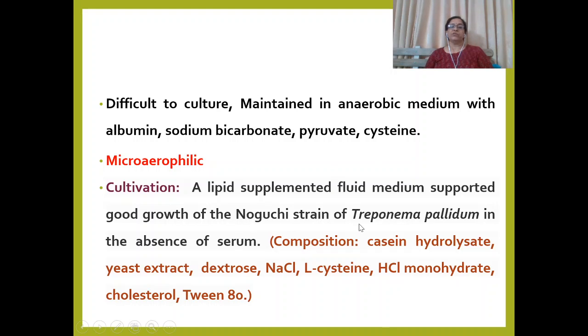This is Noguchi's strain, and it is in the absence of serum. So here the composition of this Noguchi's media is nothing but a presence of casein hydrolysate, yeast extract, dextrose, NaCl, some amino acids like L-cysteine HCl monohydrate, cholesterol, and one surface reducing agent, that is Tween 80.